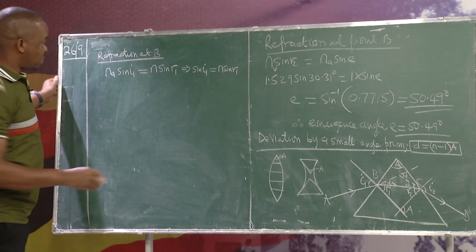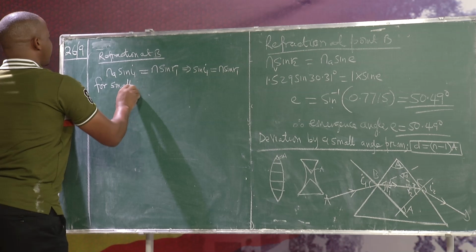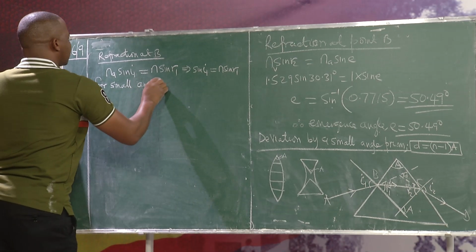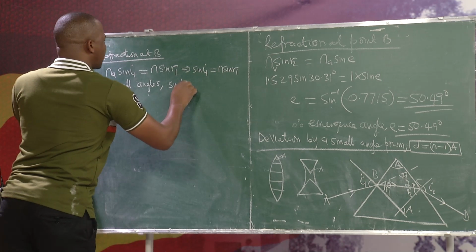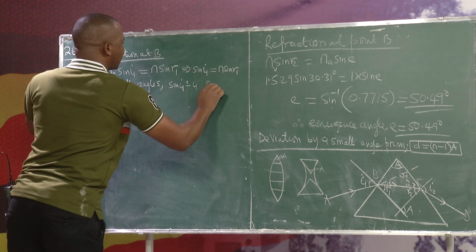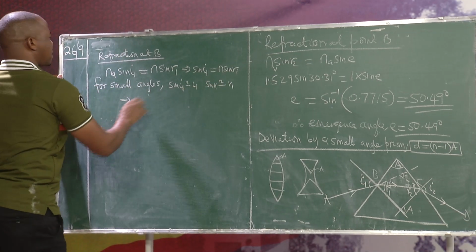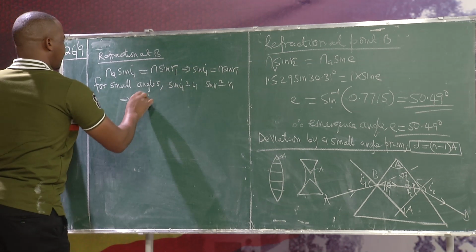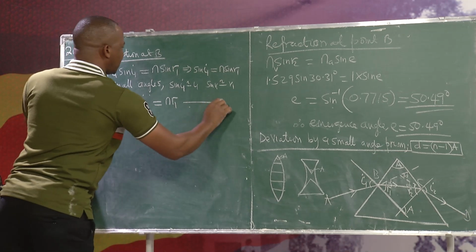But we are dealing with small angles. So for small angles, the sine of I1 is approximately I1, and so is the sine of R1, approximately R1. This implies that this expression becomes I1 = nR1. I call that A.